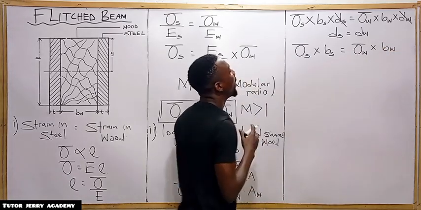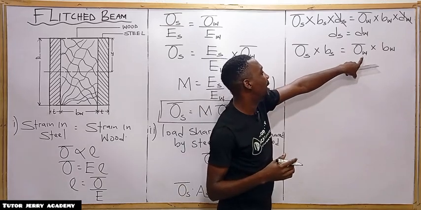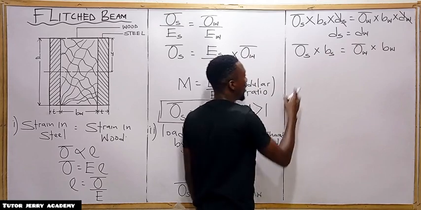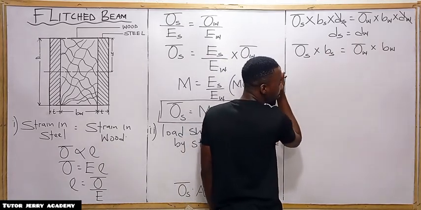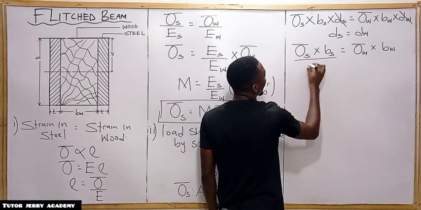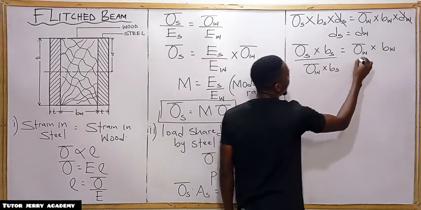All right. So we can decide to divide both sides by the stress of the wood and the base of the steel. So here we are going to have stress of wood multiplied by the base of steel.